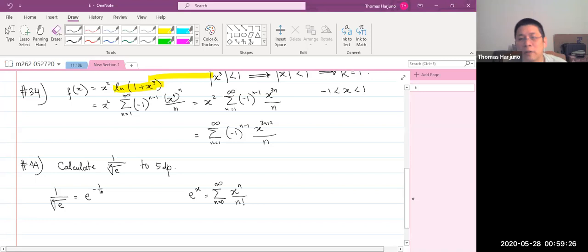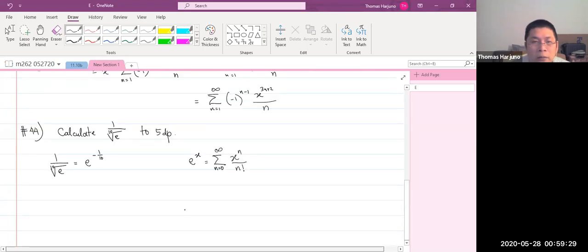So if I replace that x by -1/10, e to the -1/10 is the same as the infinite series from 0 to infinity of (-1/10) to the n over n factorial.